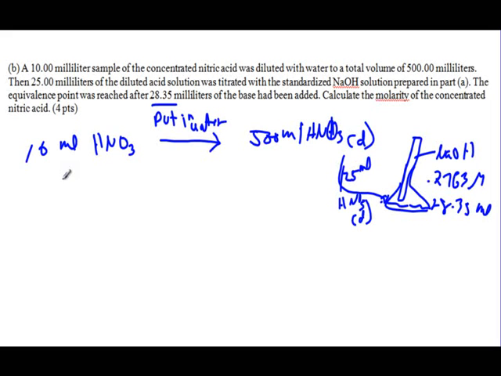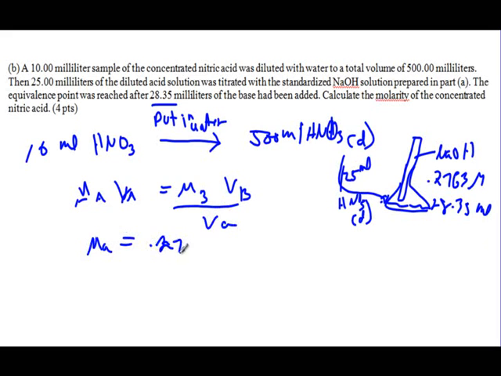Again, we have monoprotic and monohydroxide. So I can say molarity of my acid times the volume of my acid equals molarity of my base times the volume of my base. I am trying to find molarity of my acid, so that's what I'm going to use. My molarity of acid is going to be molarity of my base, which is 0.2763, times 28.35 milliliters.